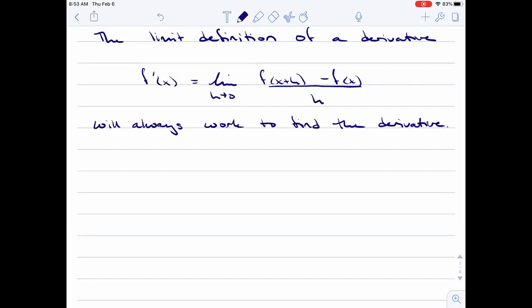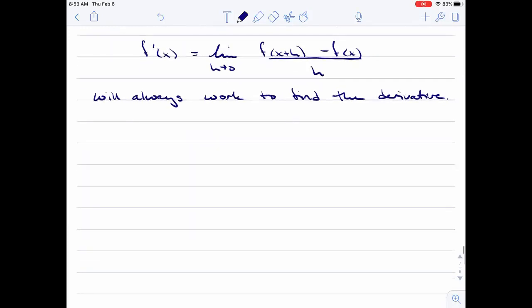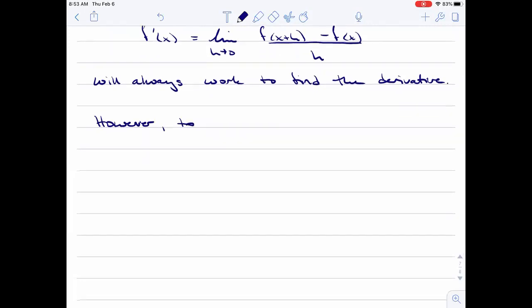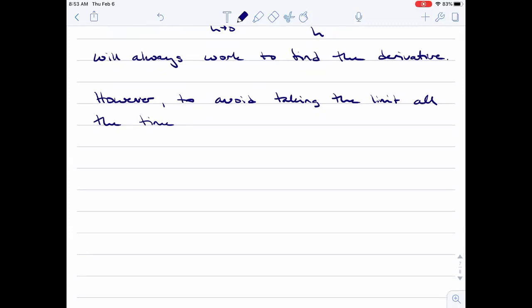But to simplify things and to avoid having to take the limit all the time, differentiation rules have been established, through proofs and all that fun stuff.